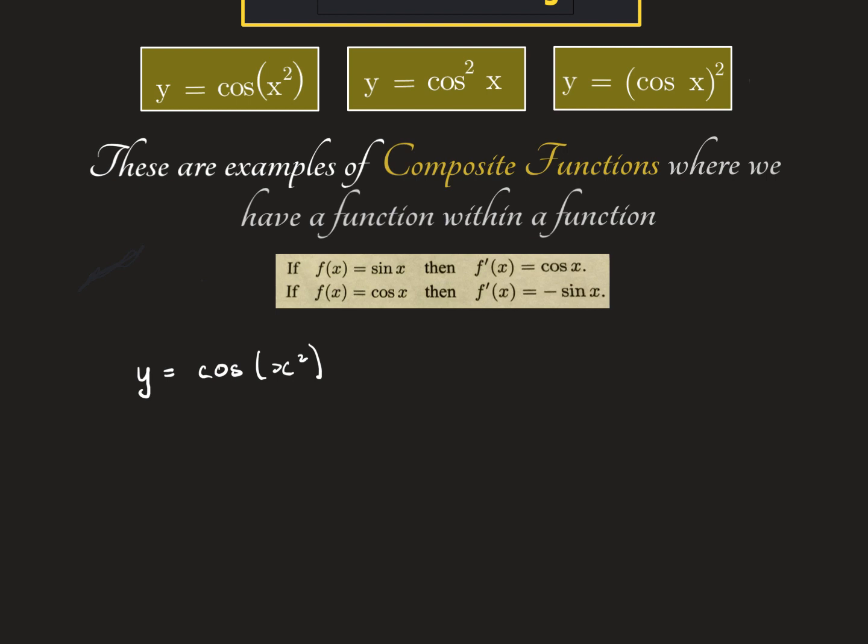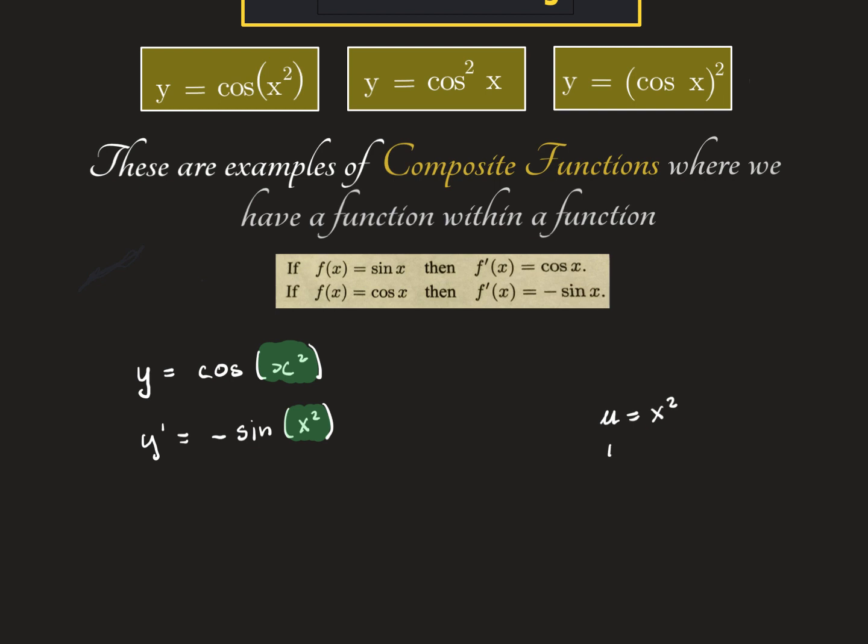In this function, the x squared is the function within the cos function. So first of all, we will differentiate the cos function itself, which becomes minus sine x squared. After which we try to differentiate that function x squared. So let's say that x squared is u.